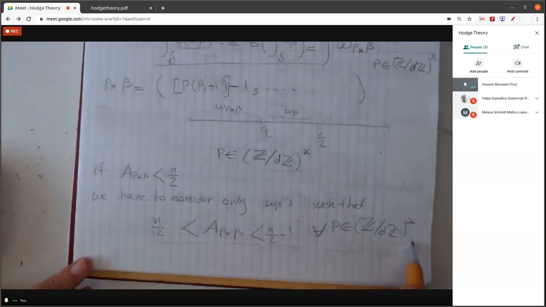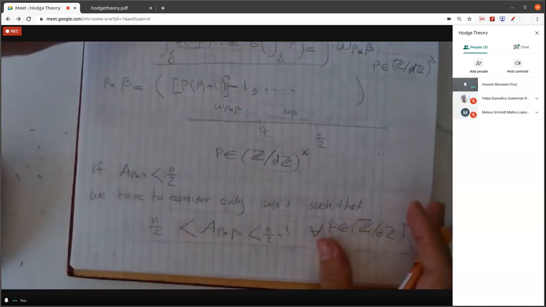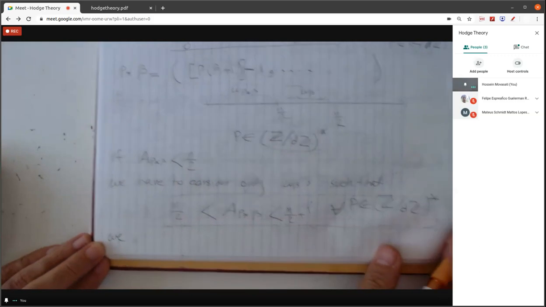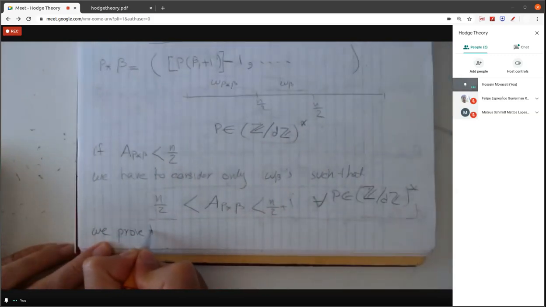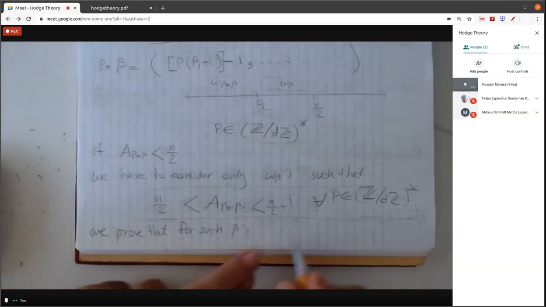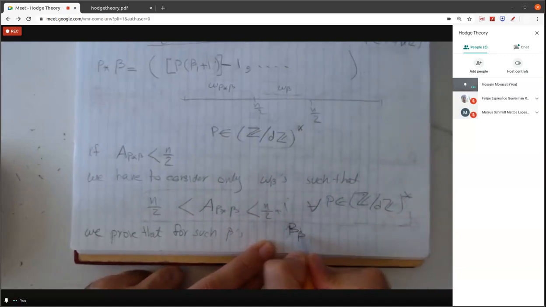So we get into this class of algebraic numbers. The point is that most probably for these numbers the integrals are not 0. So we prove that for such betas, b beta is an algebraic number.